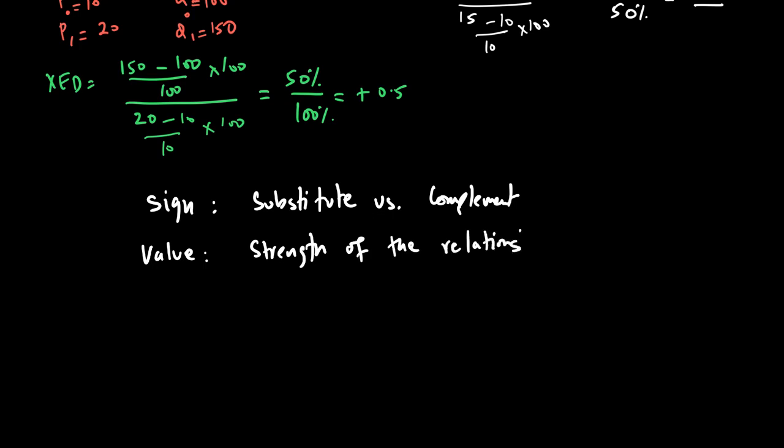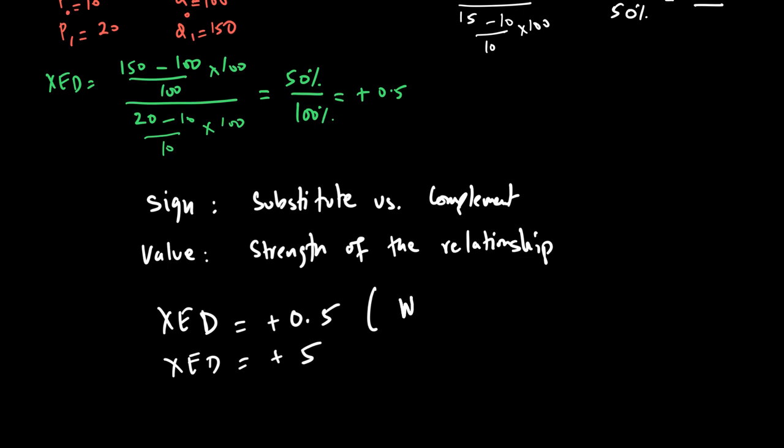What do we mean by this? For example, if I tell you that XED is a positive 0.5 versus XED is positive 5. 0.5 means it's not a strong relationship, which means, because it's positive, I'll say it's a weak substitute.